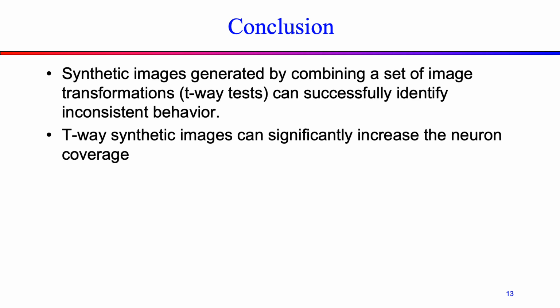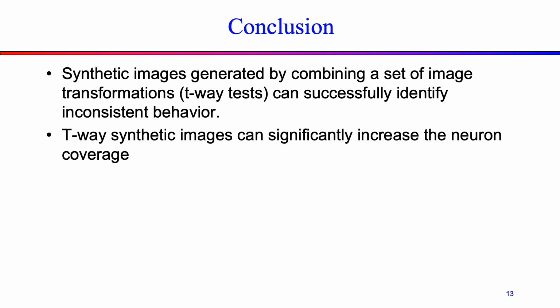We selected seed images from the Udacity test datasets, and we applied T-way image transformations on those seed images using our approach. The results suggest that the synthetic images generated by combining a set of image transformations successfully identify inconsistent behaviors.